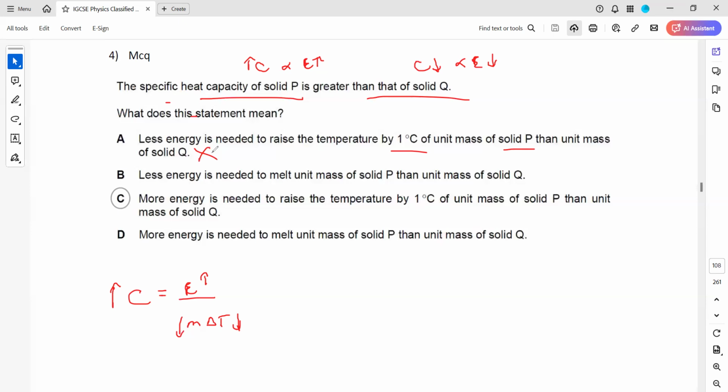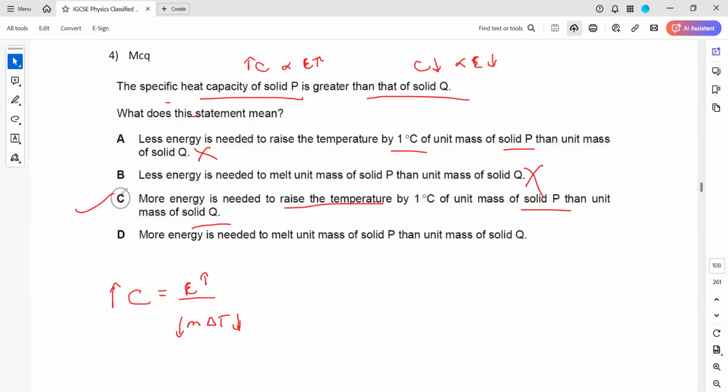Less energy is needed to melt. Energy needed to melt is not about specific heat, that's about latent heat. Latent heat means the energy needed to change the state. So if P had a higher latent heat, it means P required more energy as compared to Q. Then, more energy is needed to raise the temperature for solid P as compared to Q. This statement is correct.